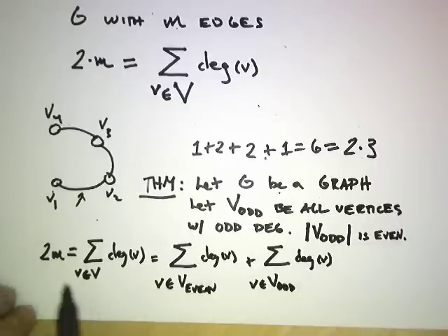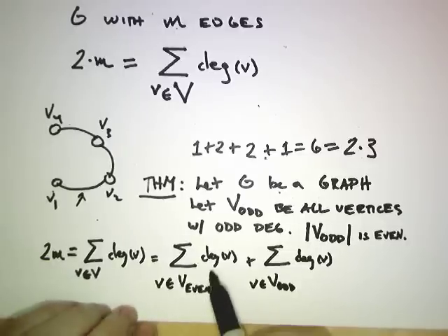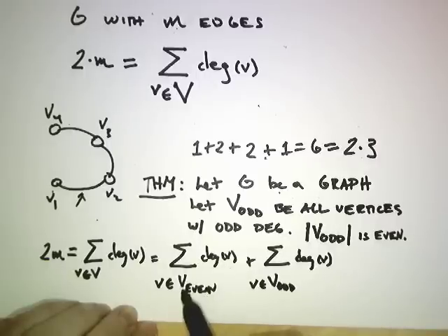Okay. So this 2m is even. The degree of all the vertices in V even are even. That's the definition of V even. V even is the set of all vertices that have even degree. So you're summing up a bunch of even numbers in this term.